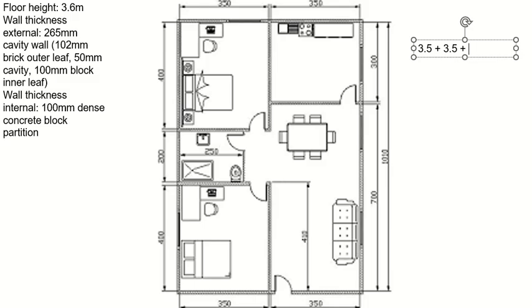How many internal walls do I have? If you look at the top, the internal wall is only one, right? So 100 millimeters means 0.1. Okay, so this is 7.1, right? 7.1 meters.